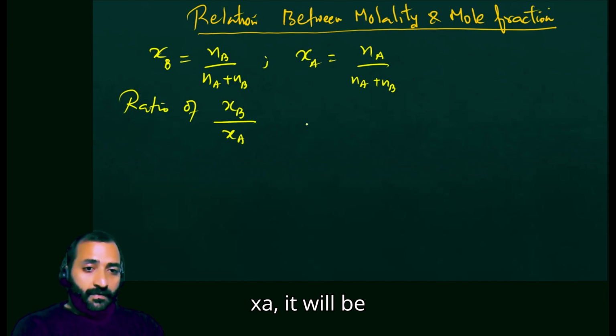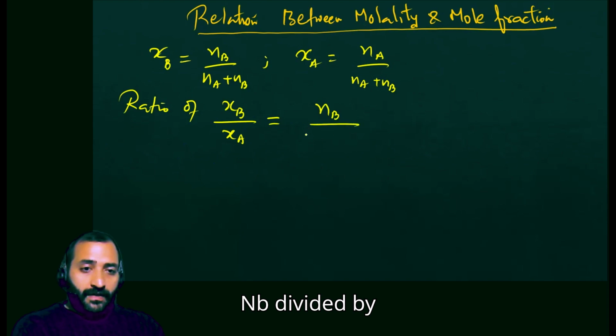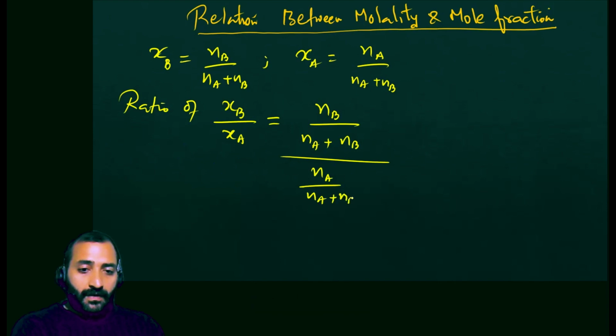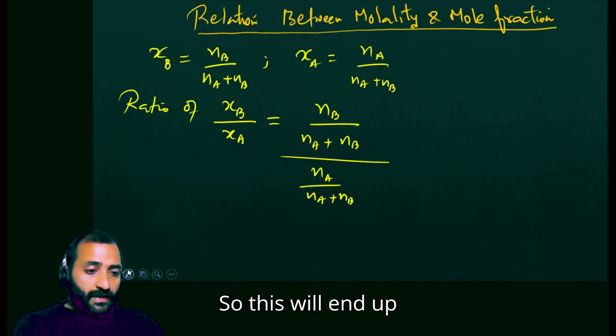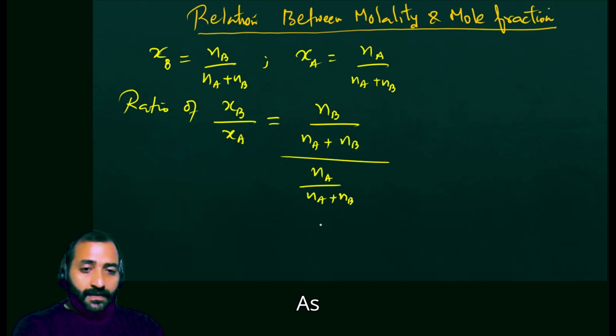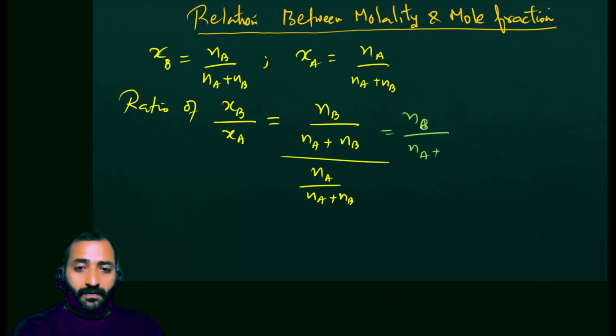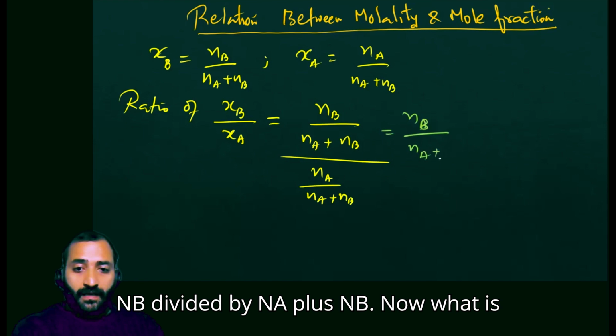It will be nb divided by na plus nb, and then whole divided by na by na plus nb.